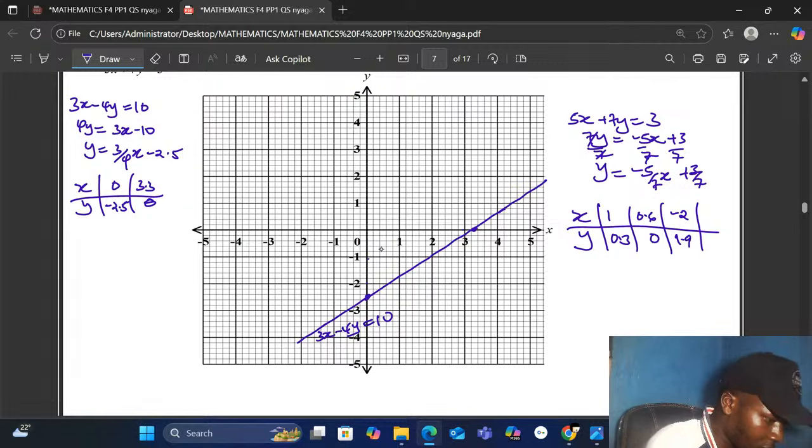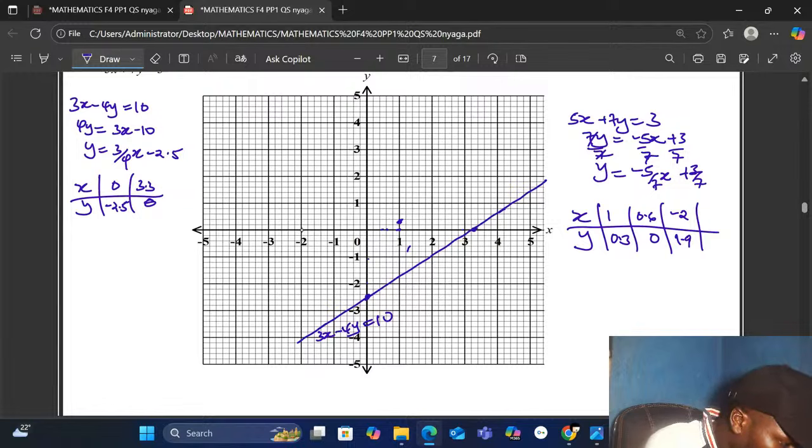X is 1. Y is 0.3, somewhere here. Then we have 0.6, where y is 0, somewhere here. Let's also use negative 2 and 1.9.